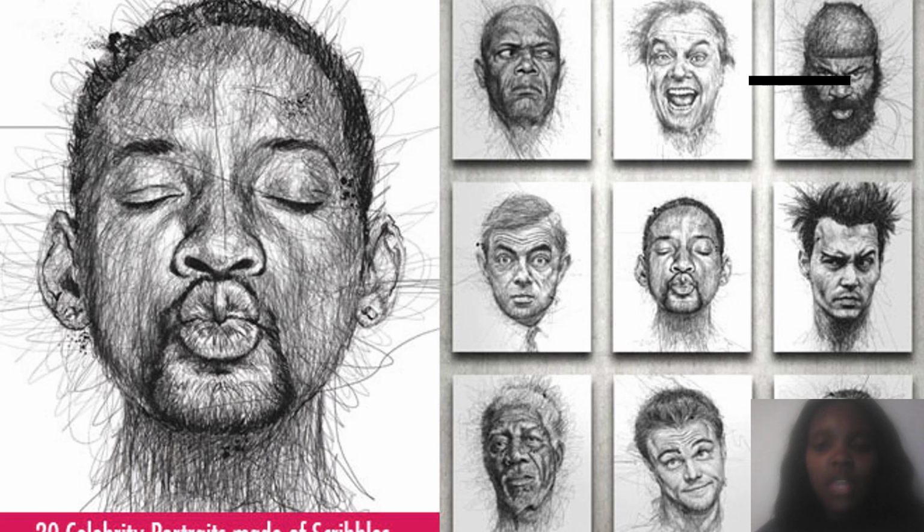So the artist has decided to draw portraits using scribbles, or using these undefined lines to create specific intentional lines that create an image in the end, or these faces in the end.